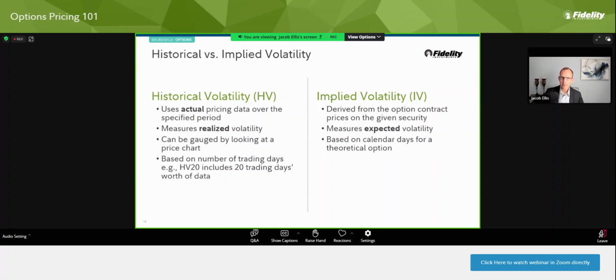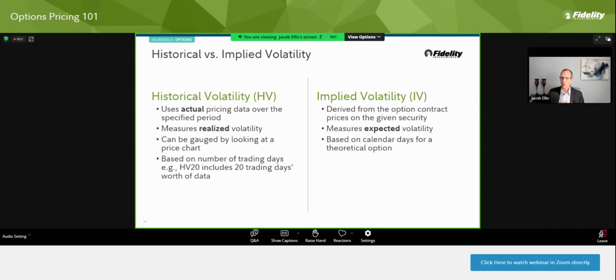Whereas implied volatility is the output from our options pricing model saying this is how much option traders are currently implying about the price. You have to calculate that from the current options contract's price. And therefore, it's telling us about expectations of volatility as measured by what option traders are doing.